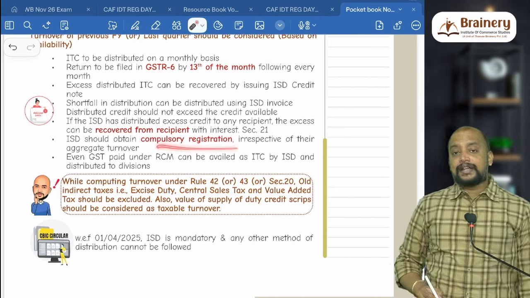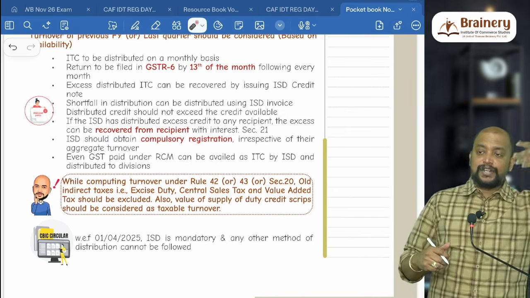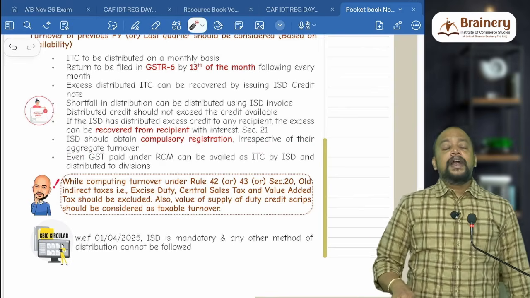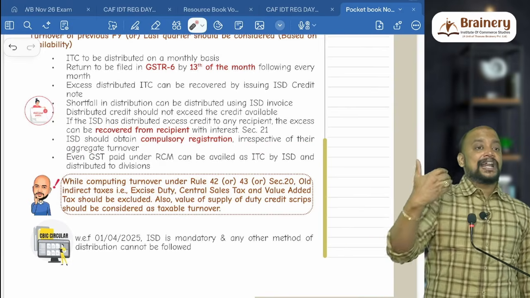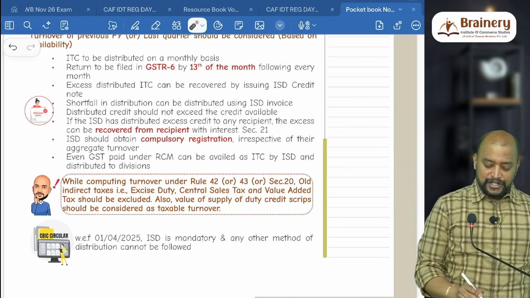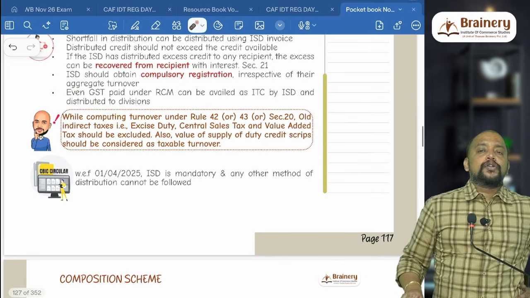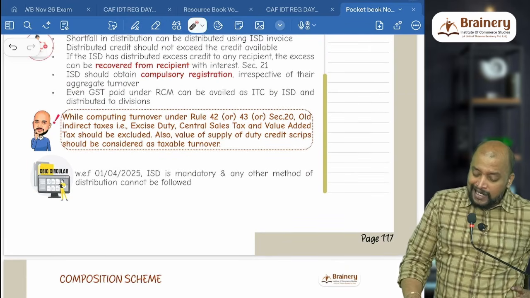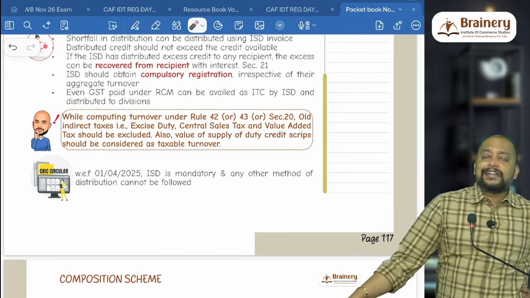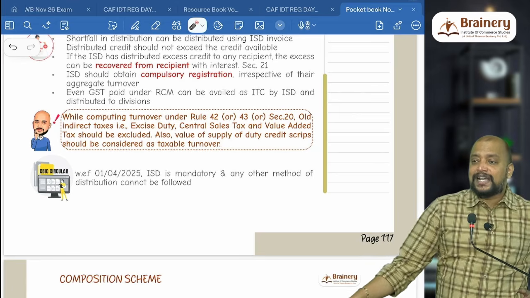And ISD should get a compulsory registration, even though they already have a separate registration, irrespective of their turnover. And now even GST paid under RCM can be availed as ITC by the ISD, and they can distribute it to the divisions. And while computing the turnover for rule 42, rule 43 or section 20, the old indirect taxes, that is central excise duty, state excise duty, CST and VAT, should not be considered.